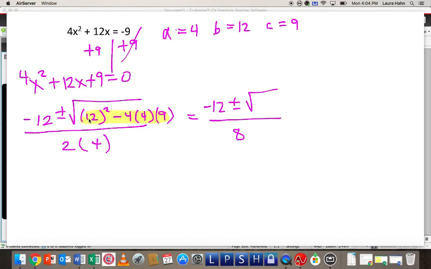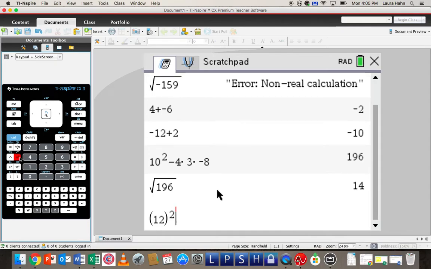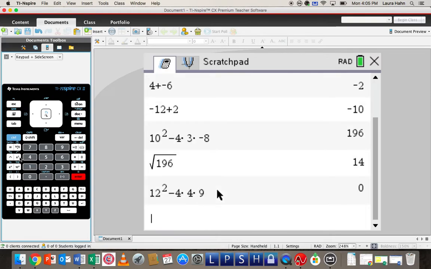All right, so let's go type the inside part only to see what that gives me. So that's 12 squared minus 4 times 4 times 9. So all that stuff on the inside just simplifies to 0.